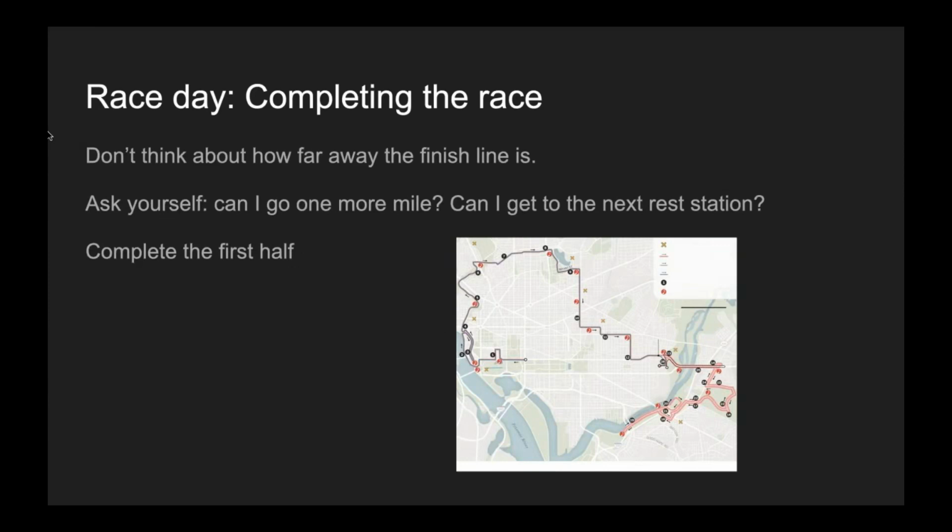In fact, oftentimes the longest run you do before a marathon is only about 20 miles. So that extra 6 miles of boost really just comes from being hyped on race day and being excited that you're there and running with all the other people and having people cheer you on.